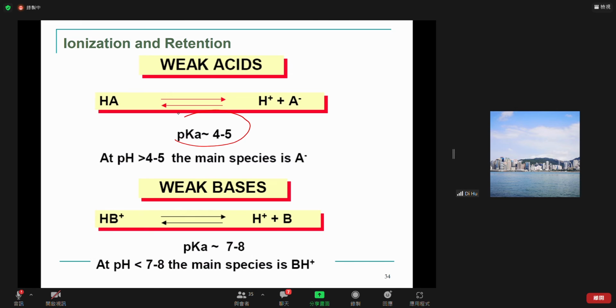For different compounds, for example, if a sample compound is an aliphatic amine, the pKa value is normally about 9.5 to 11.